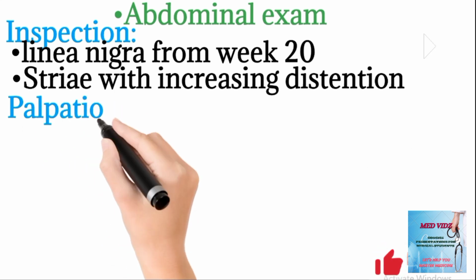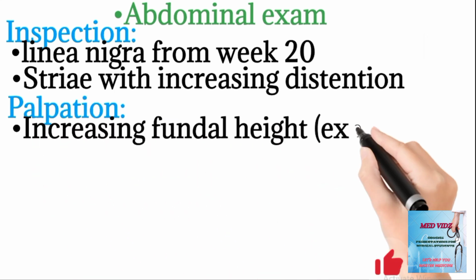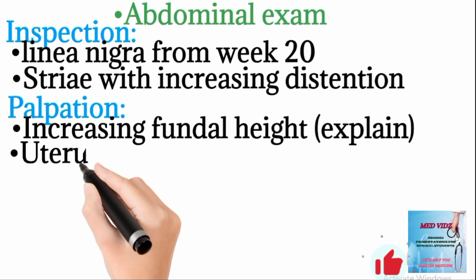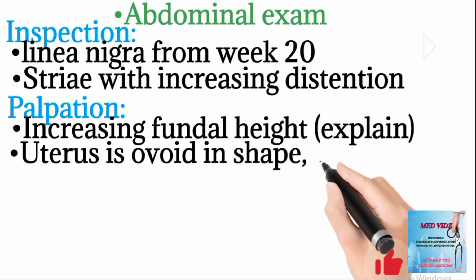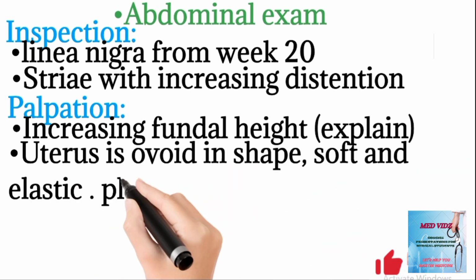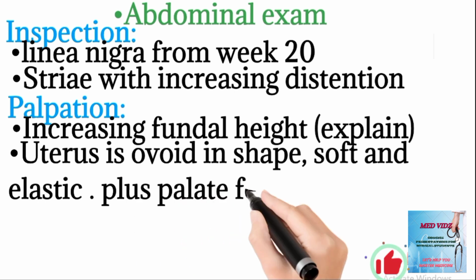Then on palpation, you should be able to determine the fundal height, and this becomes accurate from 20 weeks of amenorrhea onwards. Then you have the uterus becoming ovoid in shape, soft and elastic, and you should also be able to palpate the fetal parts in the second trimester.